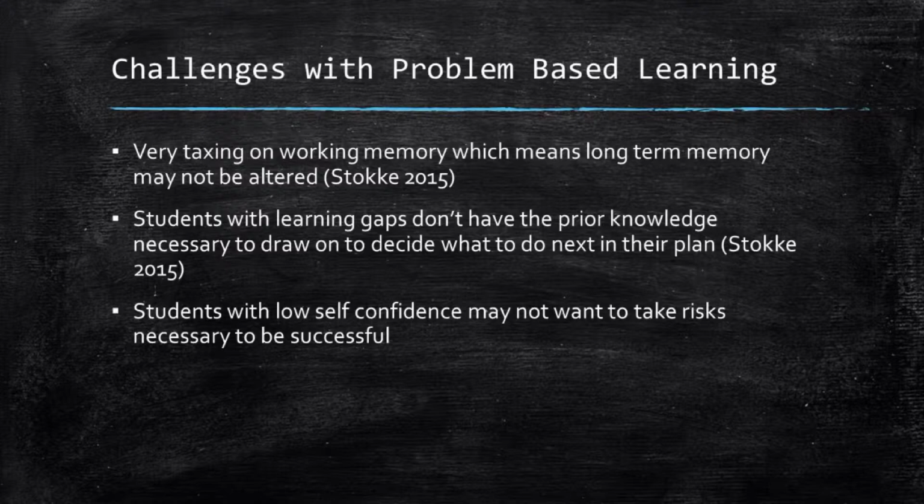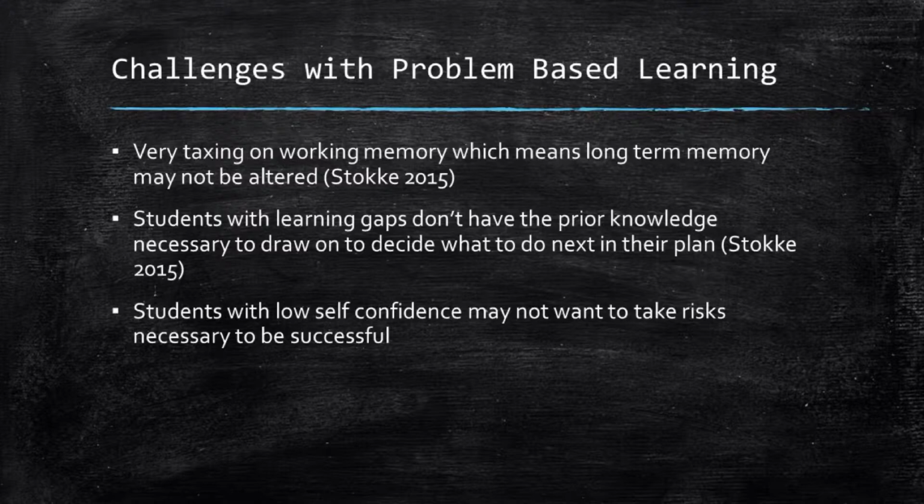Problem-based learning is very taxing on working memory, which means long-term memory may not be altered. It also means that students may miss steps or forget where they're going if their working memory isn't as strong as an average student's. This could be very frustrating as students try and work through a problem and can't quite get to the end.